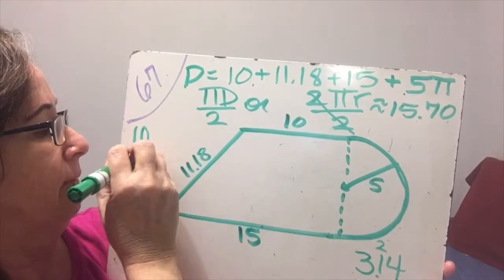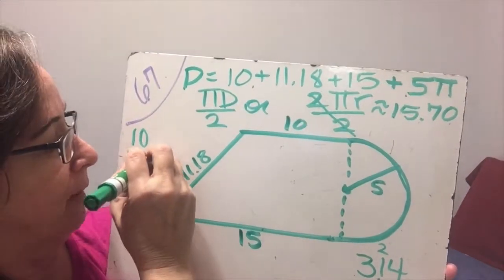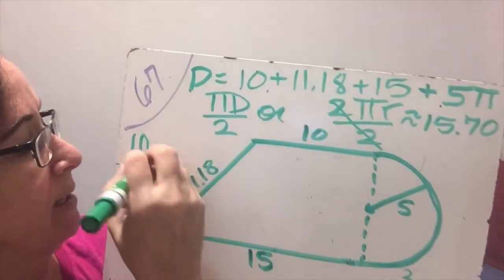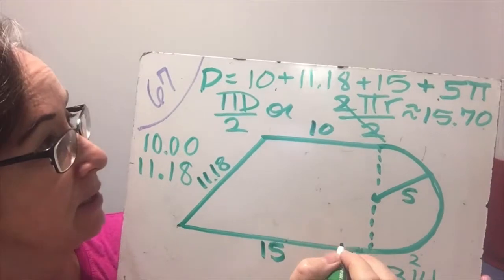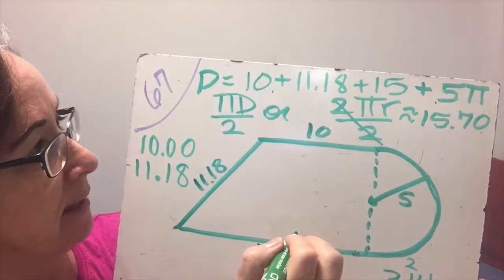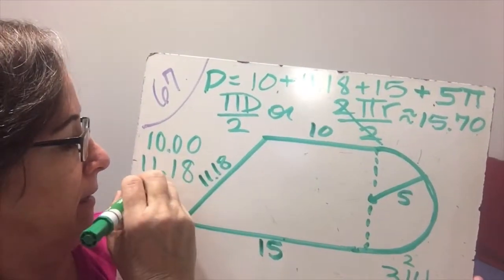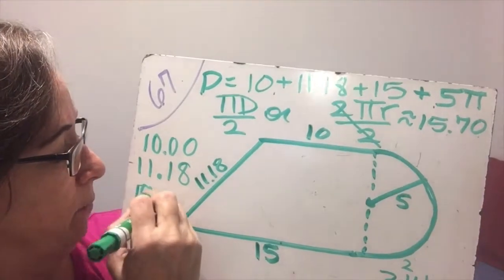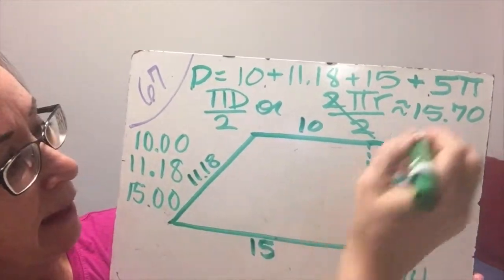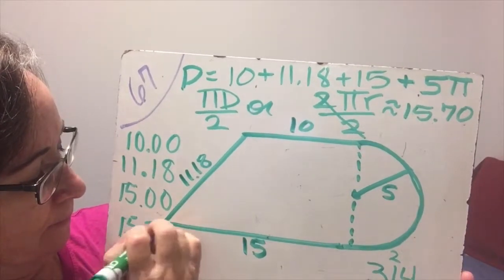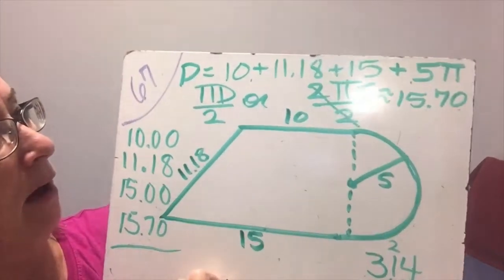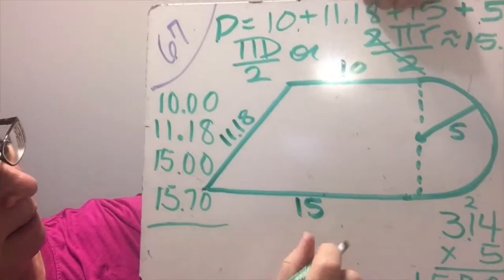So 11.18. If I want to, I can go ahead with the 10 and put a 00, can't I? Just to make sure that everything lines up. And then 15 could be 15.00, and then 15.70. And now I'm ready to add all of those up.